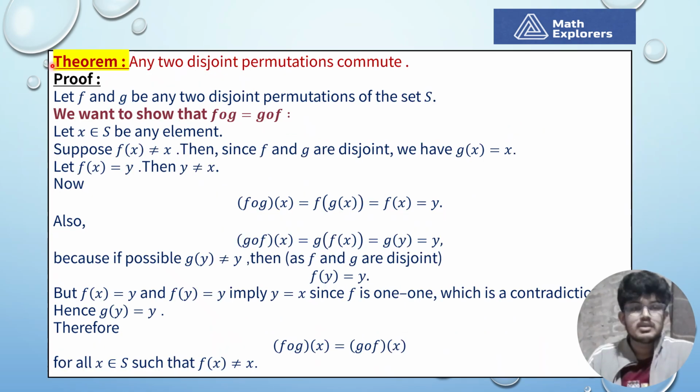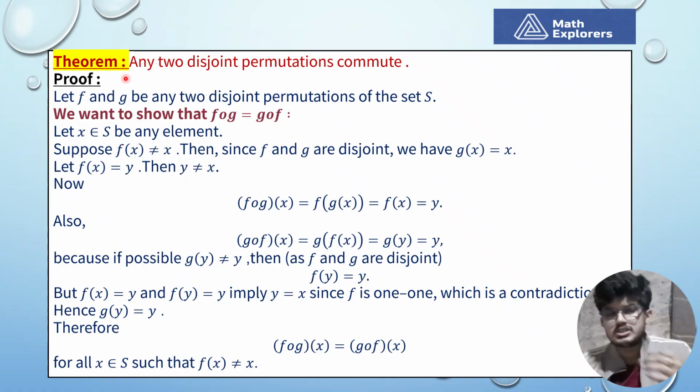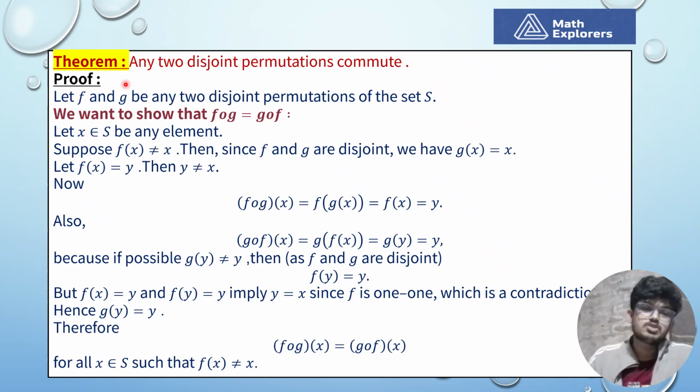Now, any two disjoint permutations commute. For this proof we consider two disjoint permutations, let f and g. Now we want to show that f compose g equal to g compose f. Let x belongs to S be any element. Suppose f of x not equal to x.